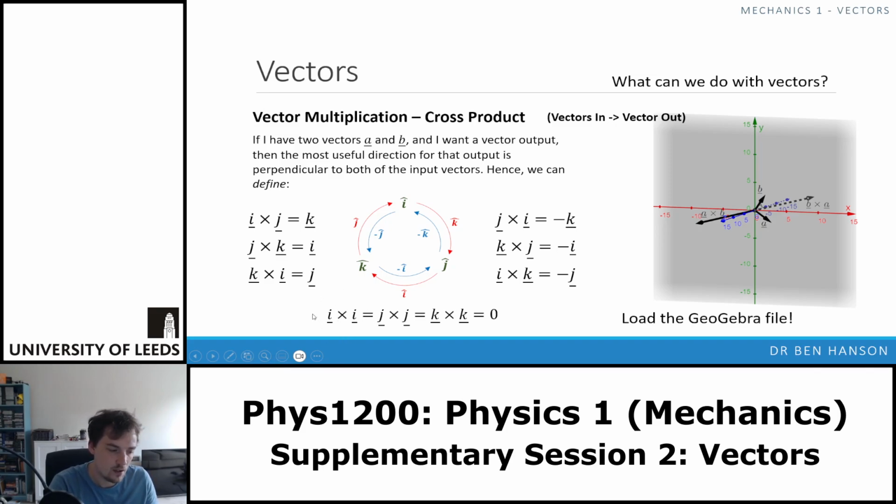So the easiest way to define the cross product is by setting these things equal to 0. To compensate for that infinite number of options to choose from, we set it equal to 0. That's how we define this.